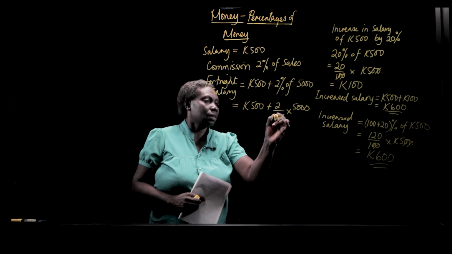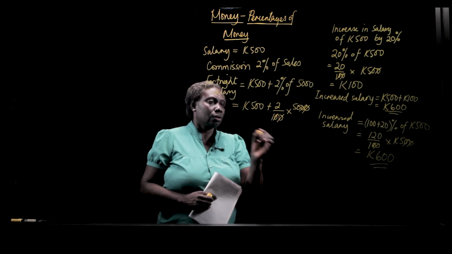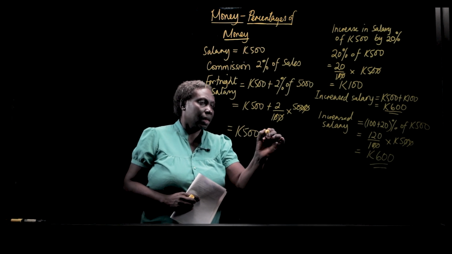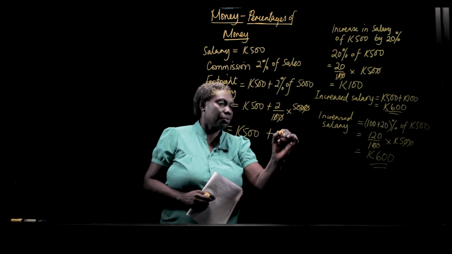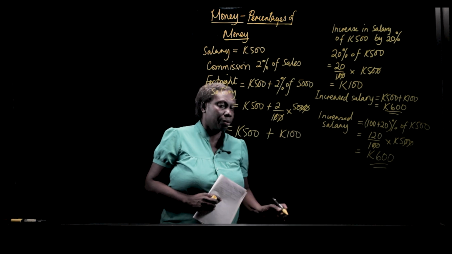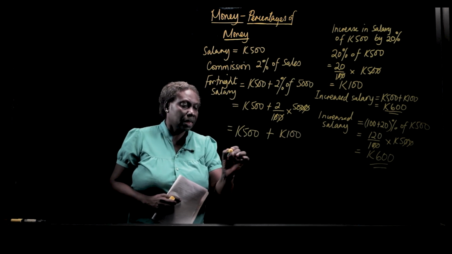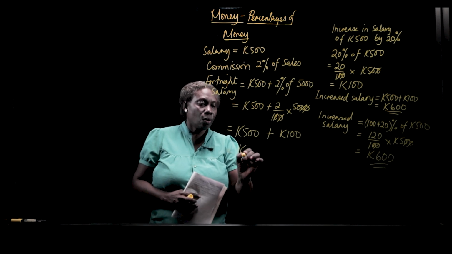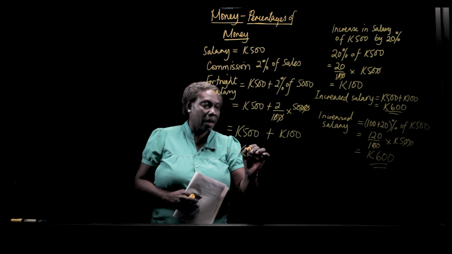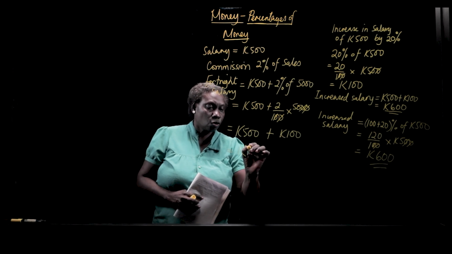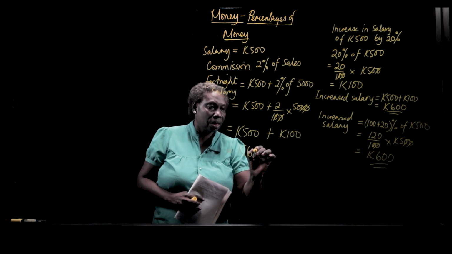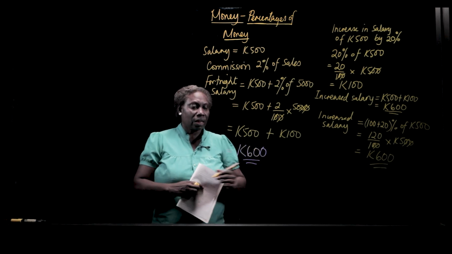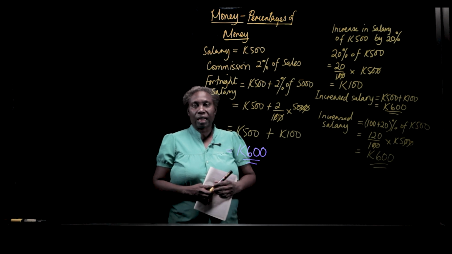These zeros cancel out. So now we have 500 kina plus 2 times 50, which is 100 kina. So this fortnight, he is going to receive a salary of 500 kina plus his 2% commission of 100 kina, and that will give us 600 kina.